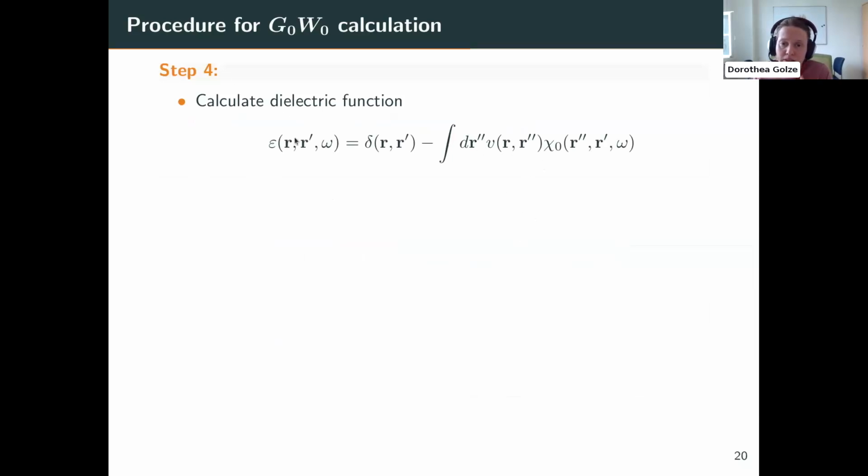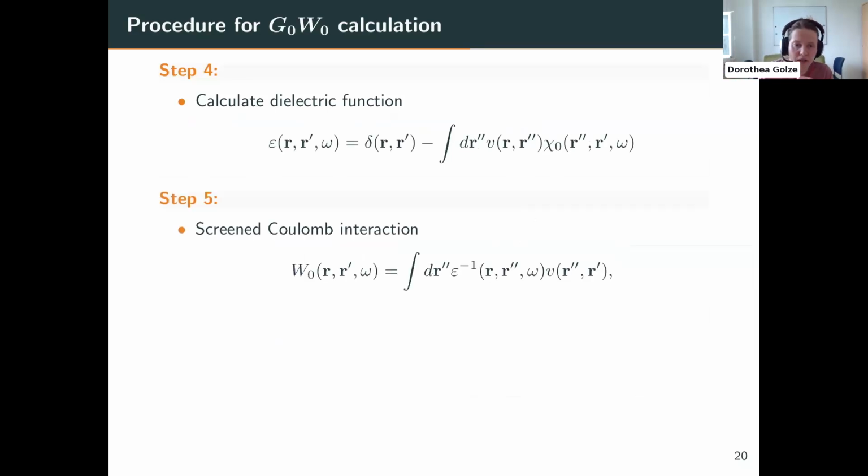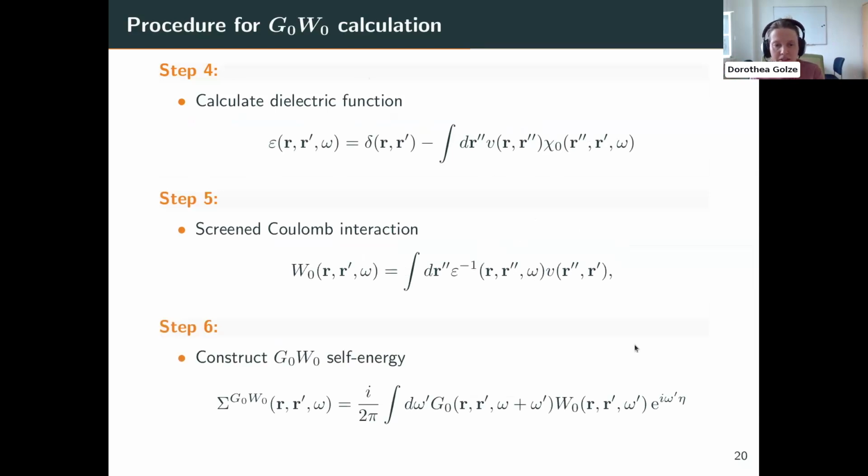Then we compute a dielectric function, and what enters here is this chi0 together with the bare Coulomb interaction, which is 1 over r minus r prime. Once we have the dielectric function, we get the screened Coulomb interaction by multiplying its inverse with the bare Coulomb interaction and then taking the integral.